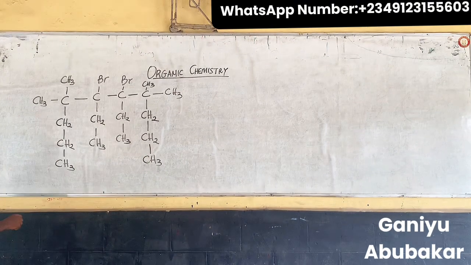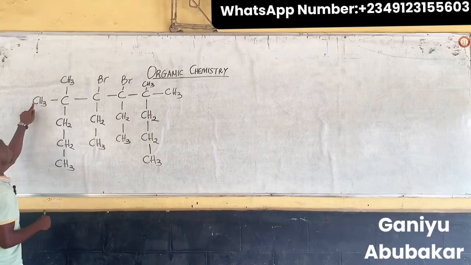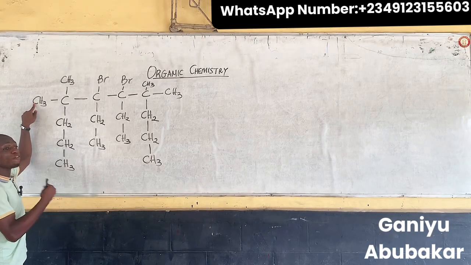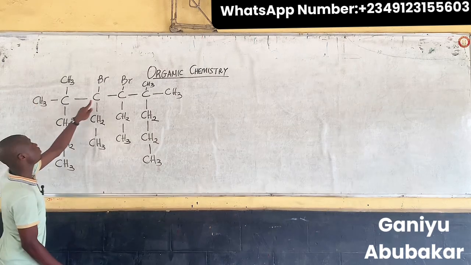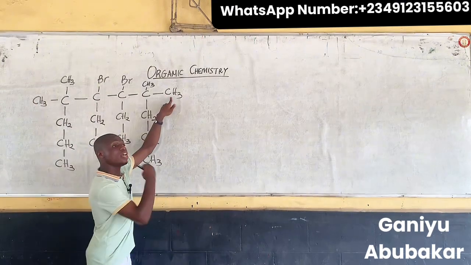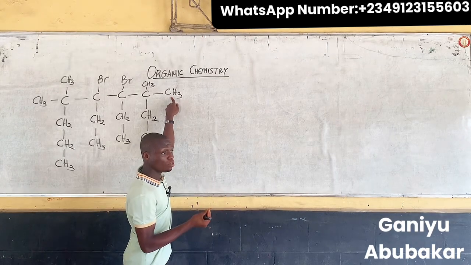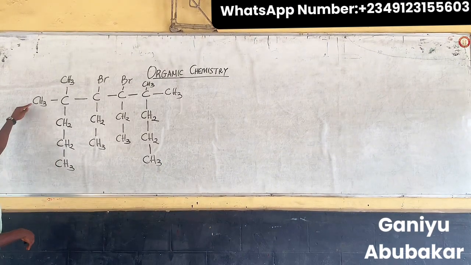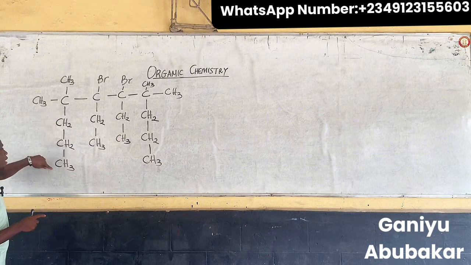First things first, if I do my counting, I'm counting the number of carbon atoms here. I have 1, 2, 3, 4, 5, 6. Counting straight, I have 6 carbons. Next, I have 1, 2, 3, 4, 5.